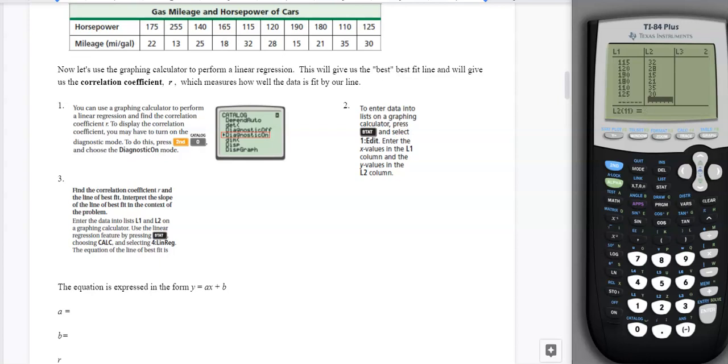Sweet. Now you should notice that you have the exact same amount in both columns. Otherwise you'll get a dim error, a dimension error, saying that, hey, you have a different number of X's and Y's. But I think we're good to go.